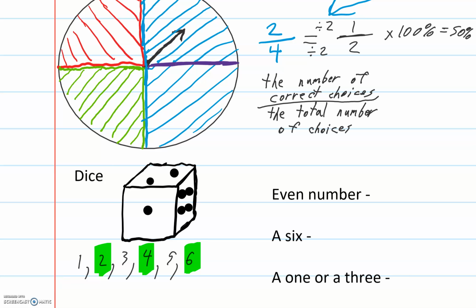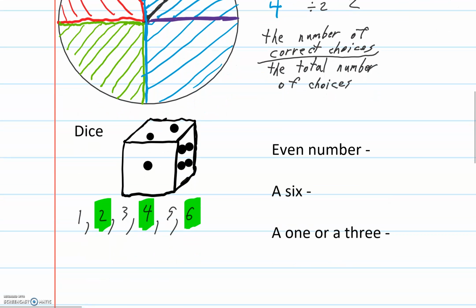That means that we have a 3 in 6 chance. And again, we can simplify by dividing by 3, which means half of the numbers are even numbers, which you can also say is 50%. Either of those two answers is perfectly fine.